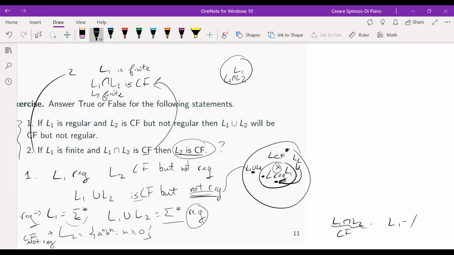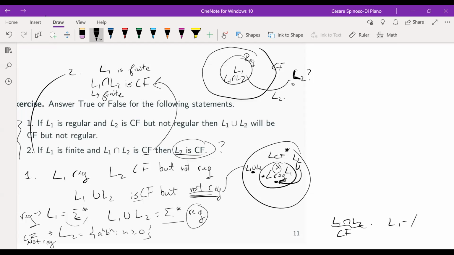Actually, context-free is very loose. So this is a set of regular languages. This is context-free. Is it possible for L2 to be all the way here? Well, it doesn't seem obvious, does it? How can you go from this tiny set here, even though it's infinite, to this bigger set here?